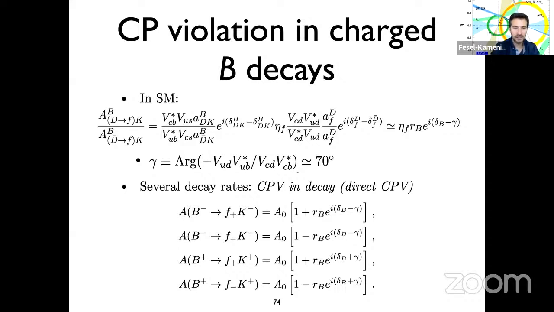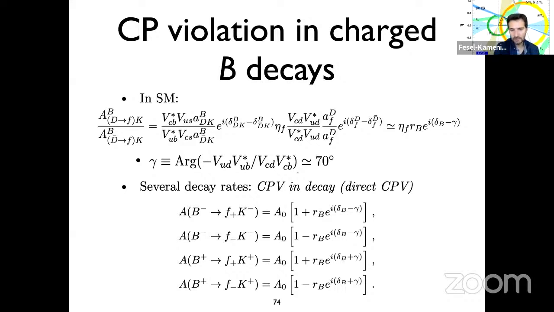And this is the case for charged B decays to neutral Ds and charged kaons. So here we can parameterize the decay amplitudes to different CP combinations of initial and final states in terms of two dominant amplitudes, which have a relative weak phase, which turns out in this case to be just the phase gamma, and a strong phase.